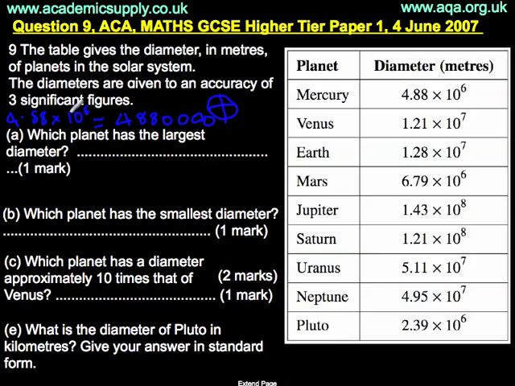Because I've shifted it 6 times. So here I've got 1, 2, 3, 4, 5, 6. 6 zeros. These are 8 because we shifted 6 times behind all the 4.